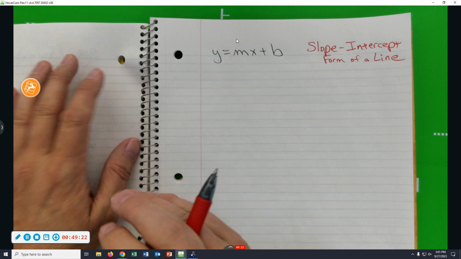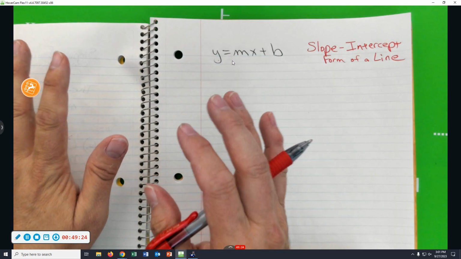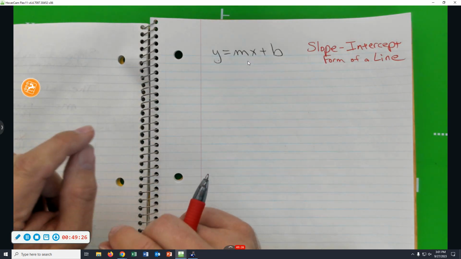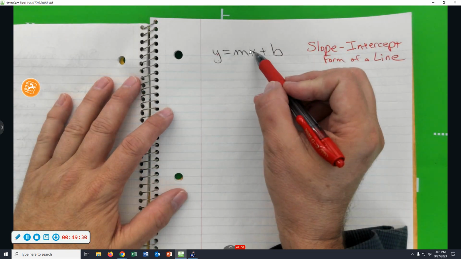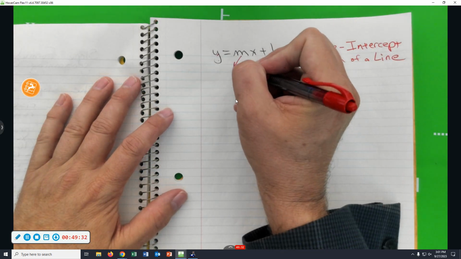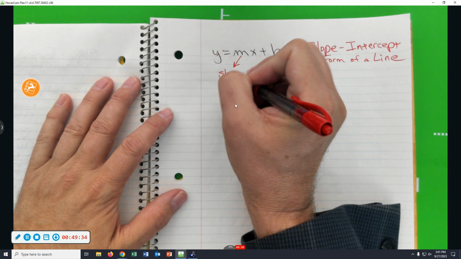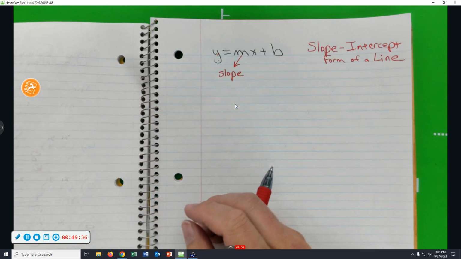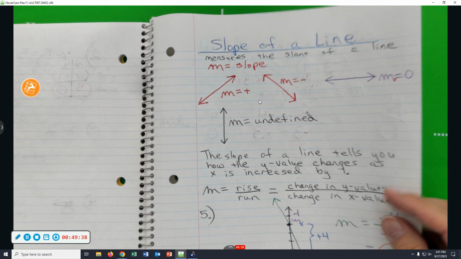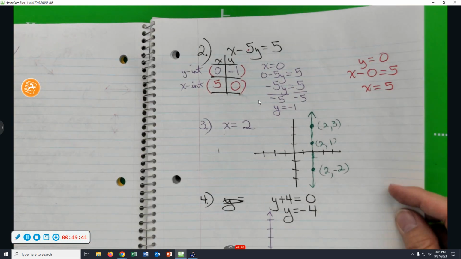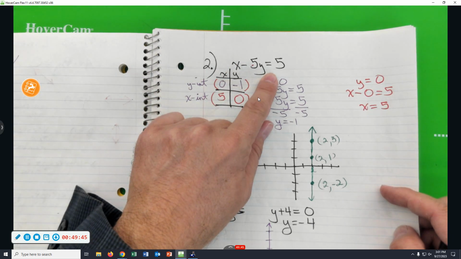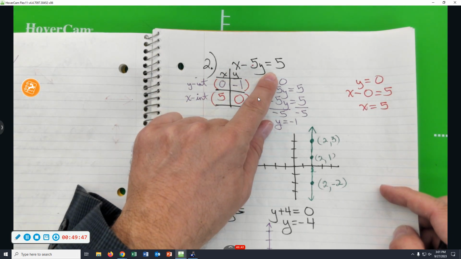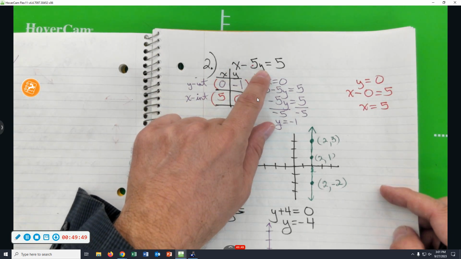And that's really the nicest form a slanted line's equation can be written in. If it's solved for y, the coefficient of x will automatically be the slope. So if you had a line, like this number 2 here, and we wanted to know what's the slope, we could just solve for y.